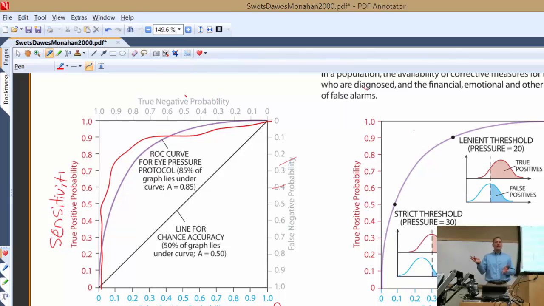Any questions about that? A lot of stuff I'm talking about right now would be great short answer questions on a test. Okay. Let's say that I want to have a classification method that has extremely high sensitivity. So maybe I want 0.95.